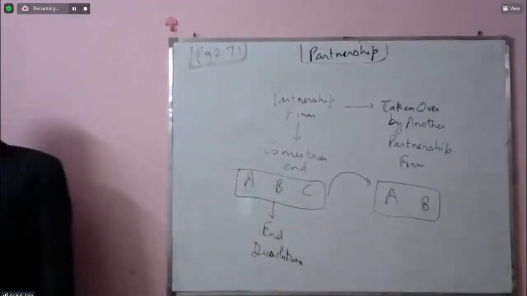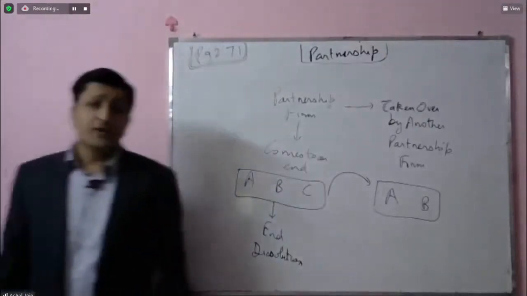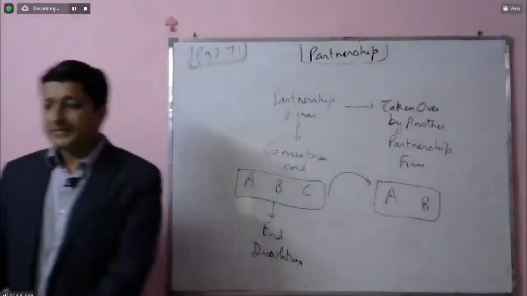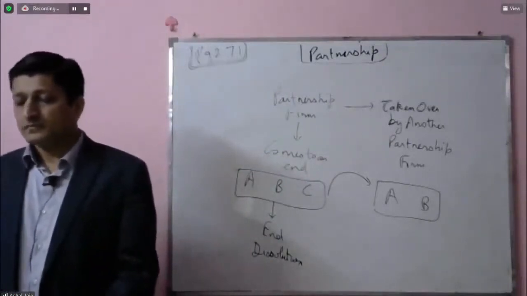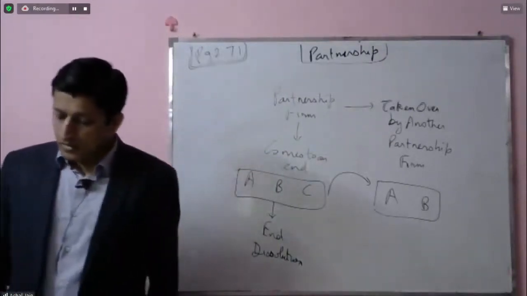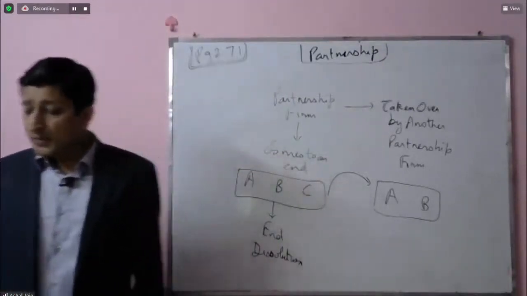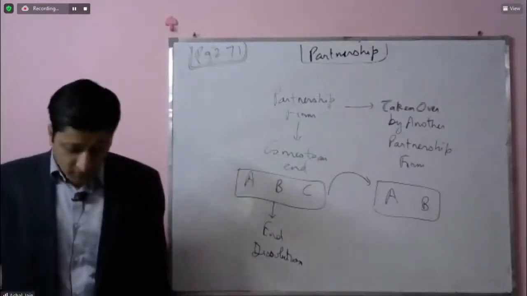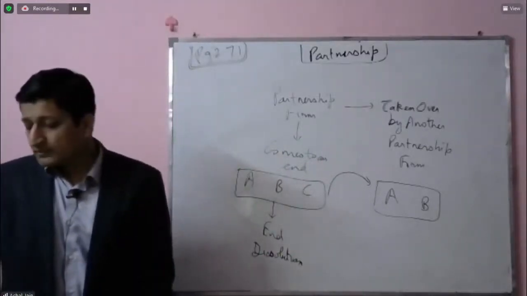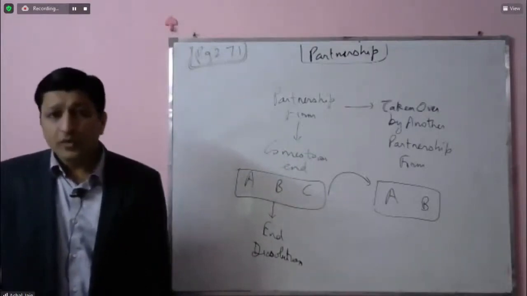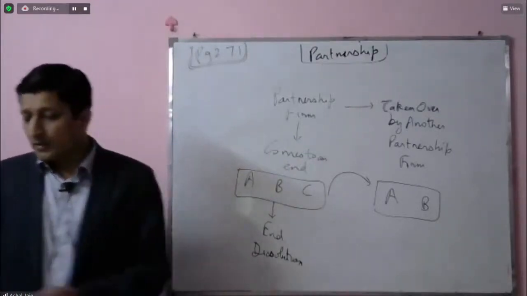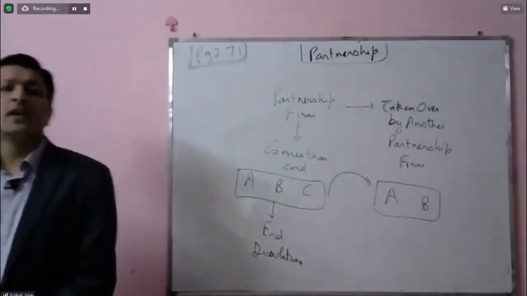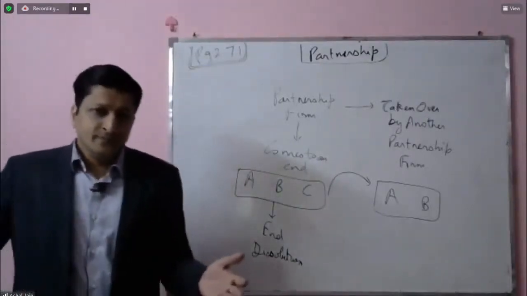Closing the books of old firm. This is something we have done already. Each firm should prepare a revaluation account or this realization account relating to its own assets and liabilities and transfer the balance to partners' capital accounts in their profit sharing ratio. Something we did.